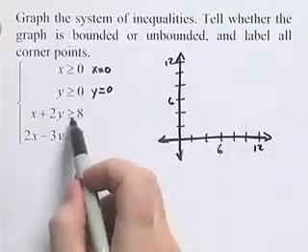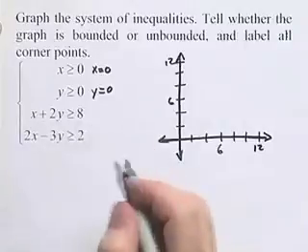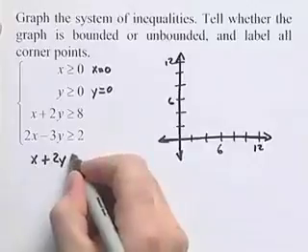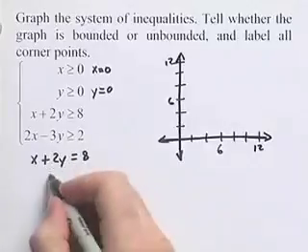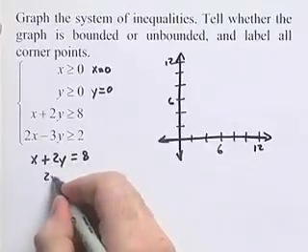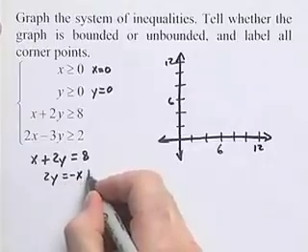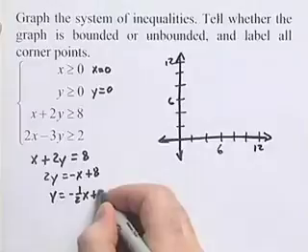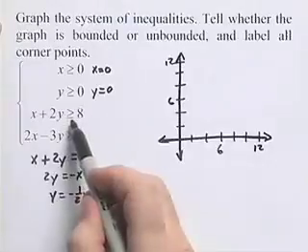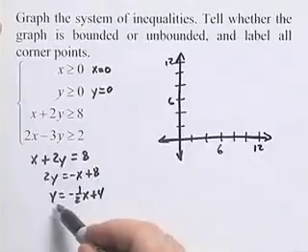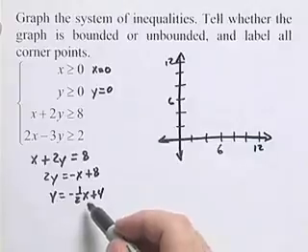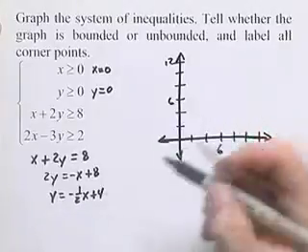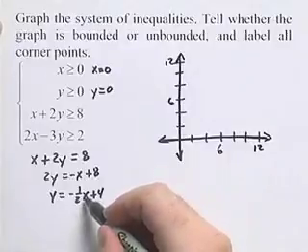We're going to move on to our next inequality. x plus 2y is greater than or equal to 8. So again, we'll treat that as an equation. Set that equal to 8. And we're going to solve for y. So 2y is negative x plus 8, or y is negative 1/2 x plus 4. Our inequality is not strict, so we're going to graph the line y equals negative 1/2 x plus 4 with a solid line. We need a couple of points, so we'll let x equals 0.